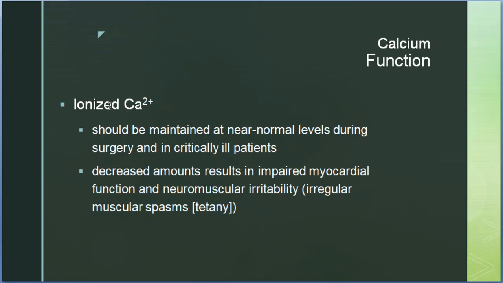There could be cardiac arrhythmia if the patient has a low level of your serum calcium. A decreased amount results in impaired myocardial function and neuromuscular irritability. There could be irregular muscular spasms or your tetany. That's why prior to surgery, it is prudent really that we check for your serum calcium.